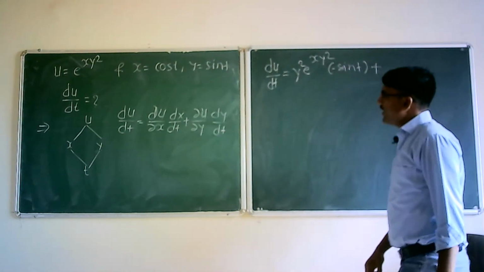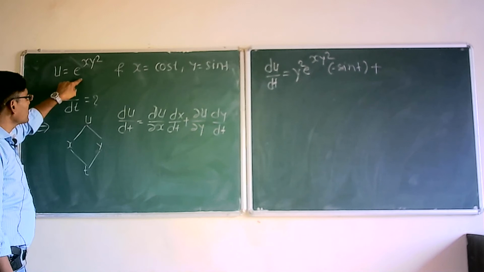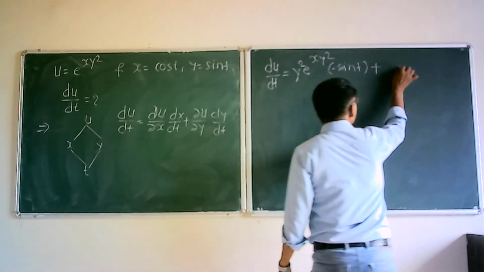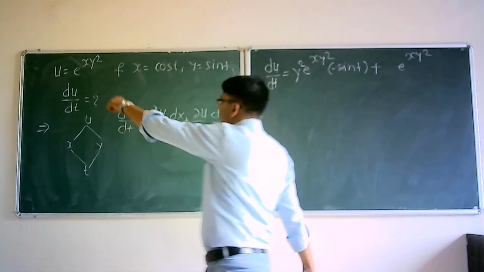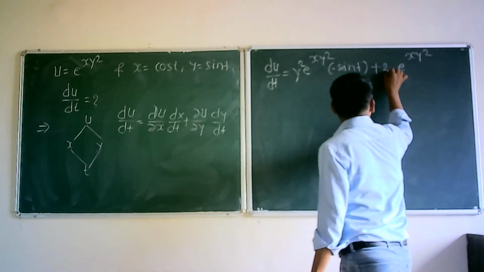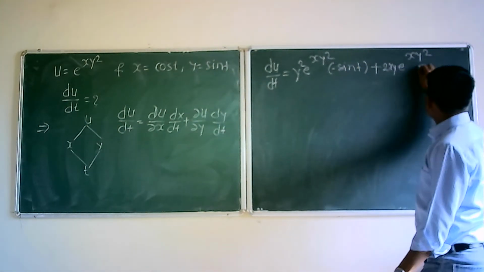Plus again the partial derivative of this term with respect to y. The partial derivative of the exponential function is again the same, that is e raised to xy square, and the derivative of xy square with respect to y is twice xy, and dy by dt, which is cos t.